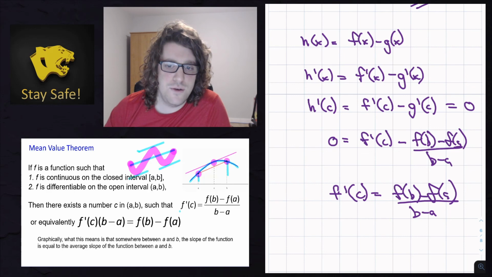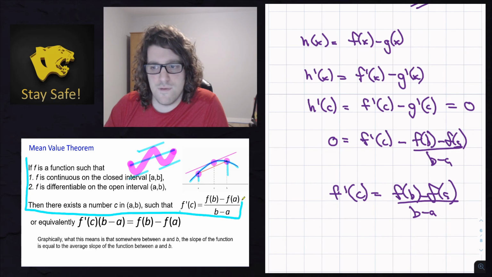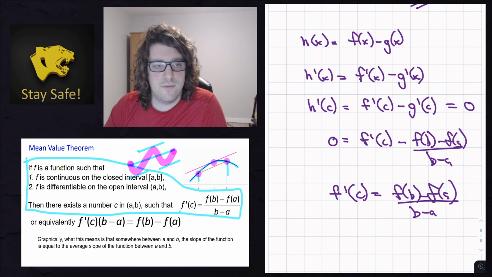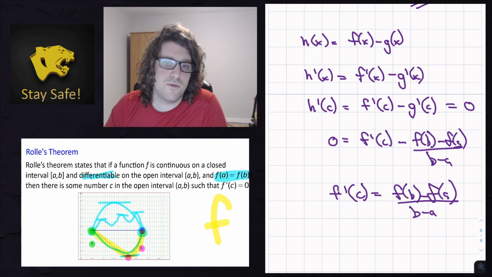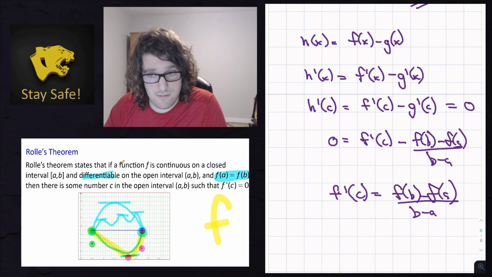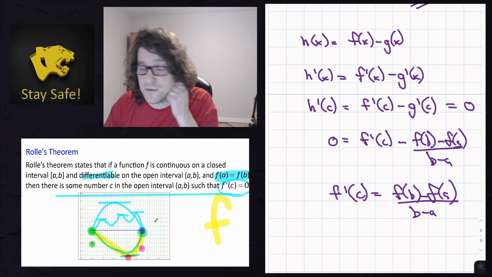So in the end, what you would like to know is that this box right here of information: conditions, if the conditions are met, statement. Same thing over here with Rolle's theorem. Conditions, if those conditions are met, statement. There's some number where the derivative is equal to 0.